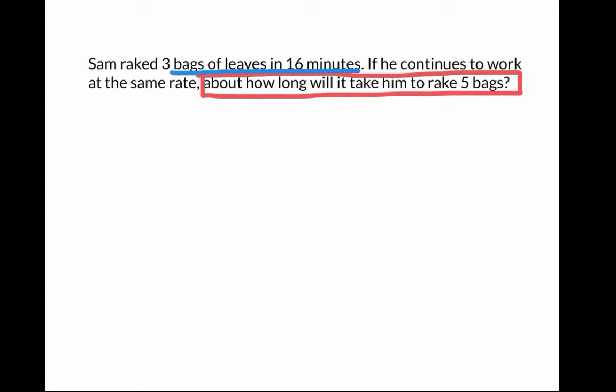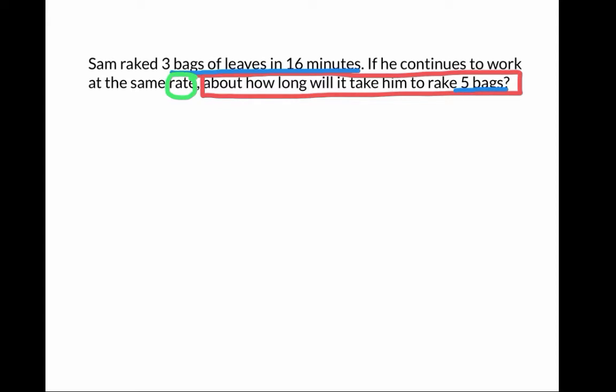If he continues to work at the same rate, about how long will it take him to rake 5 bags? And we need to figure out how long, so that's our time piece. And the other important part here is going to be 5 bags. There is a key operation word, but it's one we really haven't seen before, and it's rate. And rate is a special type of ratio, and we're going to learn about that pretty soon here.